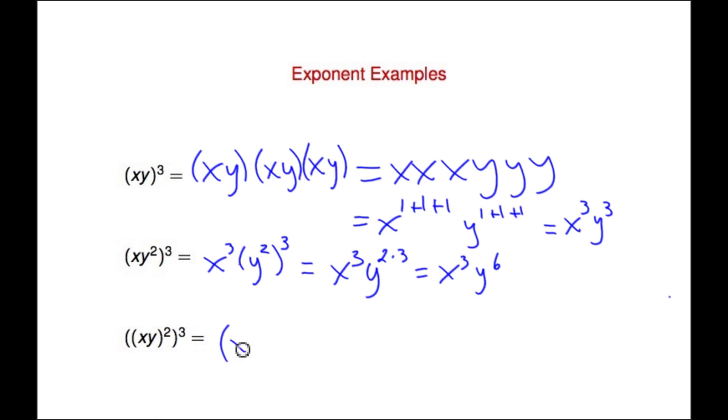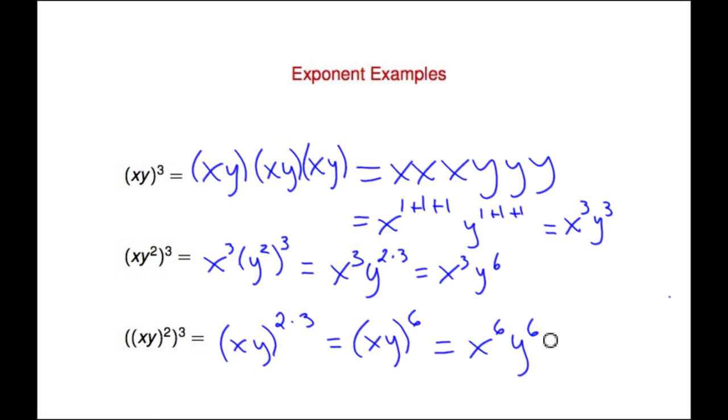So this is going to be x times y, and then instead of raising it to the 2 and then raising it again to the 3, we're just going to raise it to the 2 times 3. So this is x times y being raised to the 6th power. And now we're back to a situation that's similar to the first example, right? So we're just going to take that 6 and apply it to each piece. So we get x to the 6th times y to the 6th, and that's going to be the answer here.